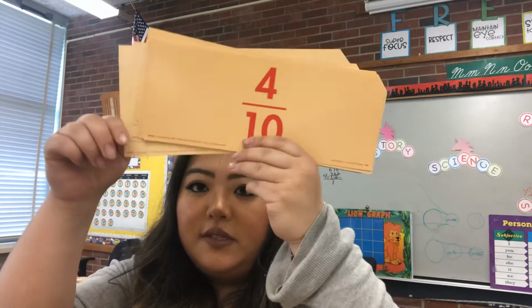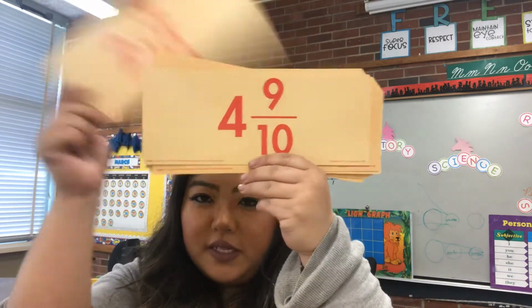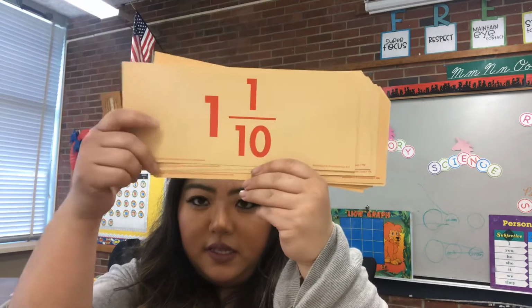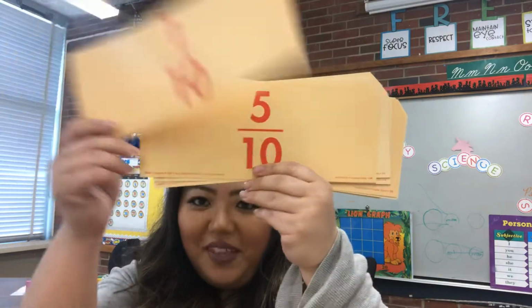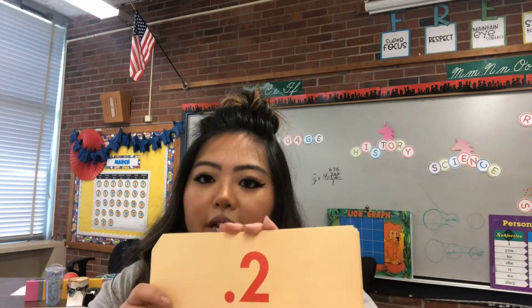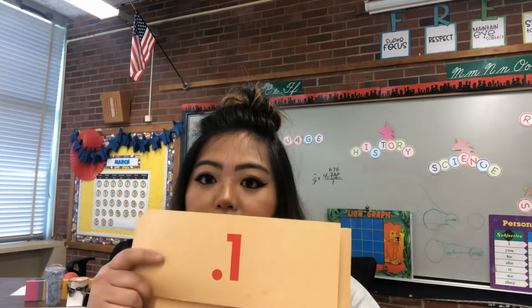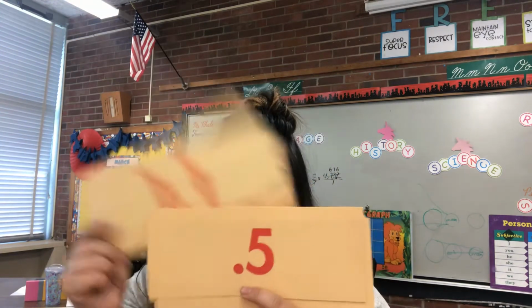Okay, now what I want you to do is look at these. What is the denominator in all of these? Yep, you're right, it's 10. And so when we have tenths, it means we have one decimal place. So we would read these as 1/10, 5/10.